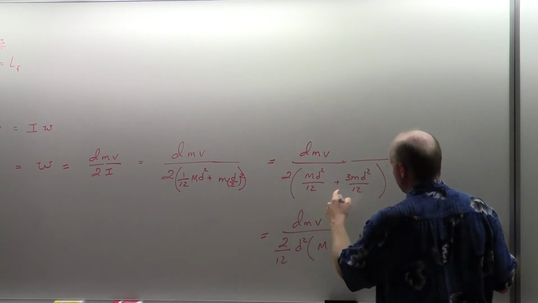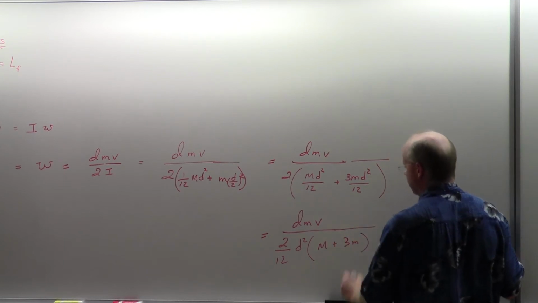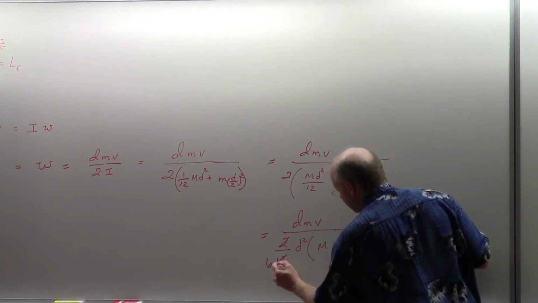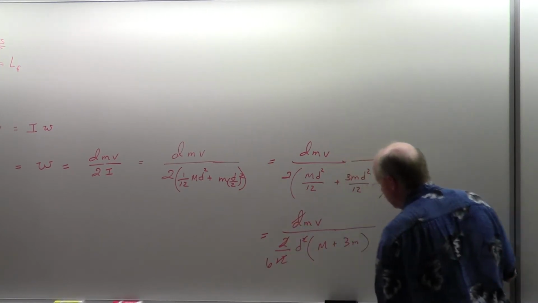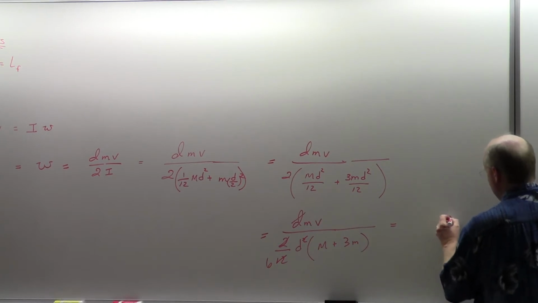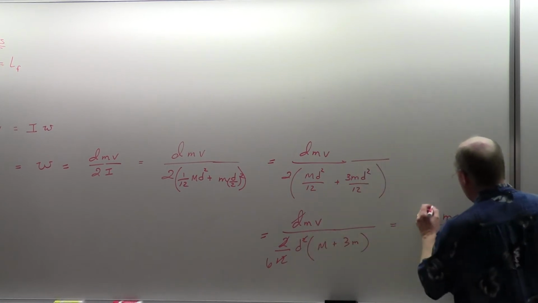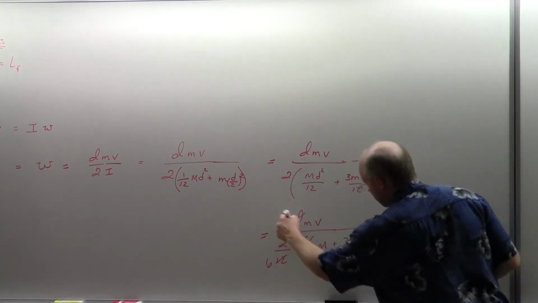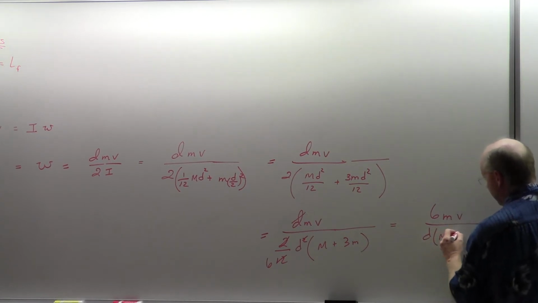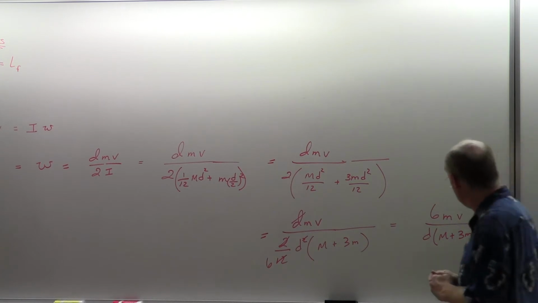That leaves this one with an M, and that leaves this one with a 3 times a little m. And then I can reduce a little bit. That's a 6. One of the d's cancels off. And so in the numerator I have the mv. The 6 goes up to here. The d, the capital M plus the 3 little m. And maybe that's the best place to stop.